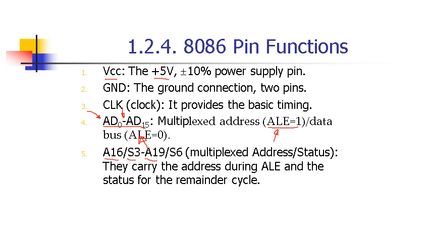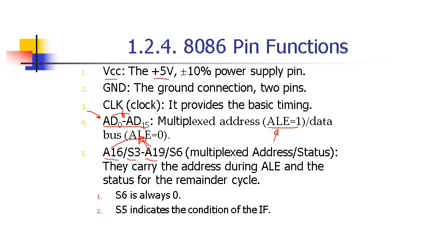These 20 pins are AD0 through AD15, these are 16, and then A16 through A19, this is the other 4. S6 is always 0. S5, this is status number 5, indicates the condition of your interrupt flag bit, if it's high or low.